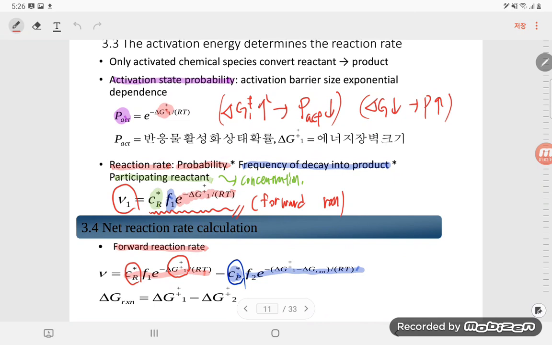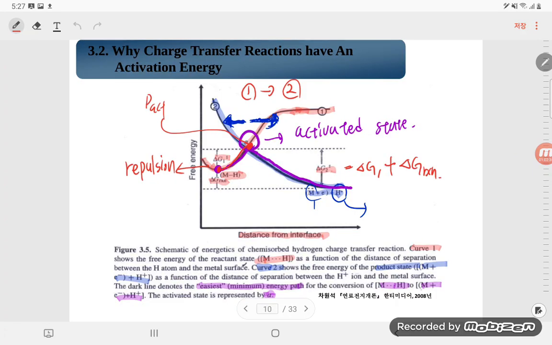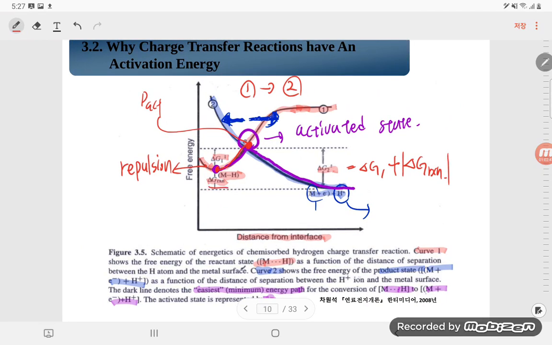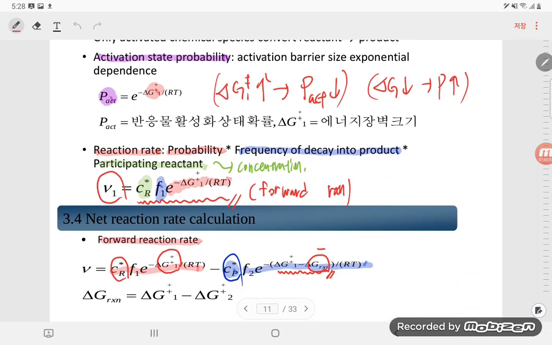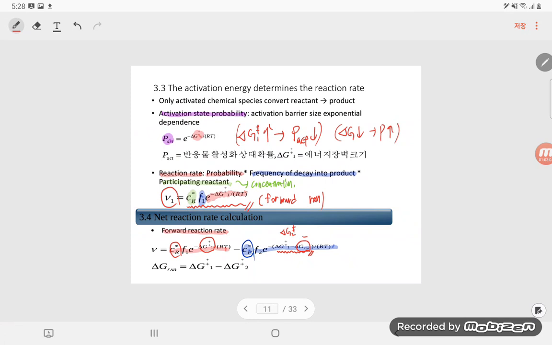In here, delta G reaction has the minus sign, because it is this state minus this state, so it has a minus value, and we take the absolute value. So here we denote delta G2‡ as delta G1‡ minus delta G reaction. Okay, we can use it like this.